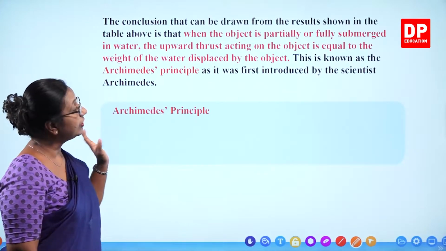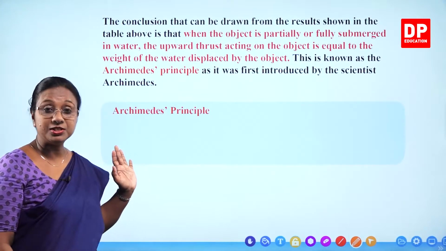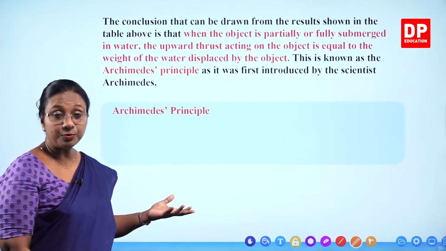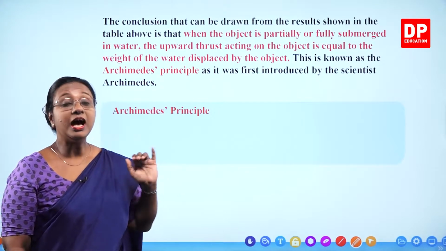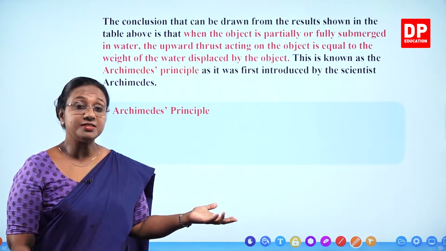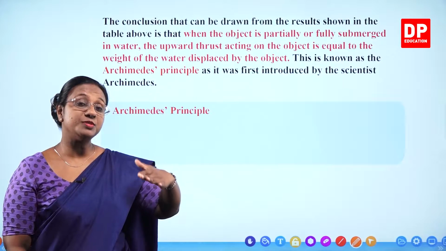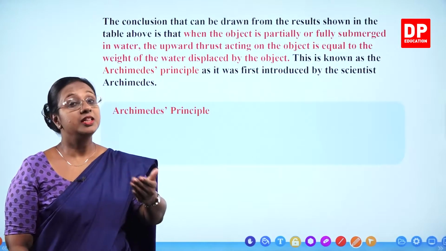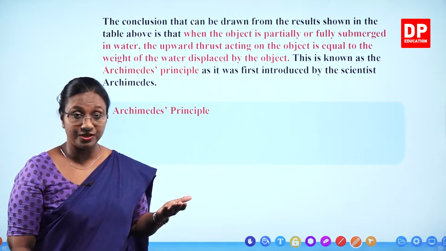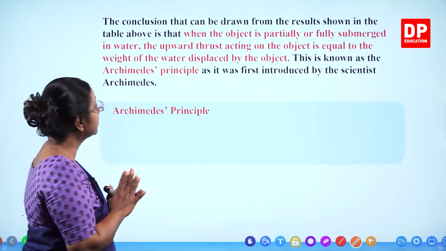So when we calculated all the values, you were able to see that. The displaced water, when it was 0.3 Newton, the upthrust was also 0.3 Newton. When the upthrust is 0.6 Newton, when the object was completely submerged, the weight of water displaced was also 0.6 Newtons. So you understood all those concepts.